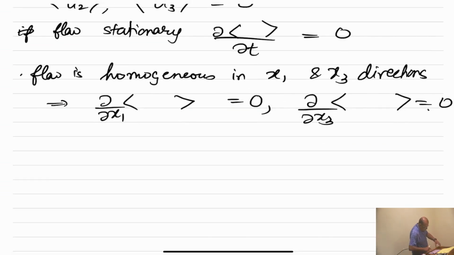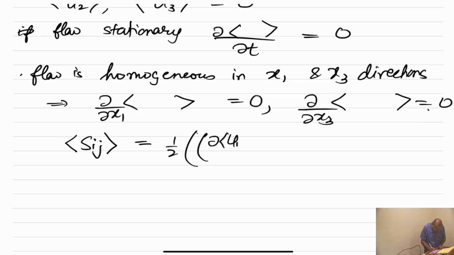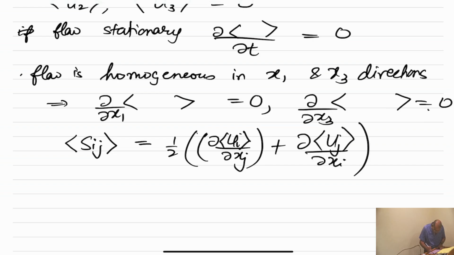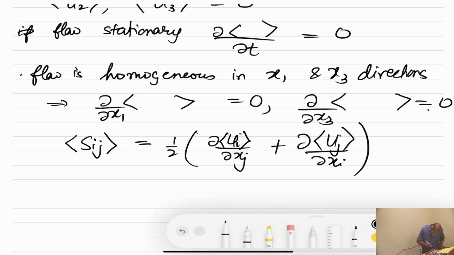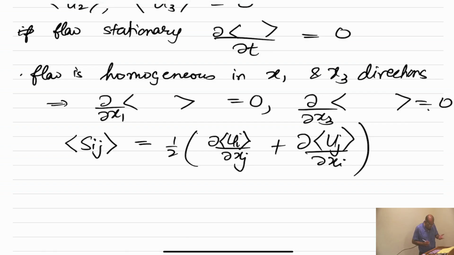So now if I look at the mean of Sij, this was what? Half of du_i by dx_j plus du_j by dx_i.